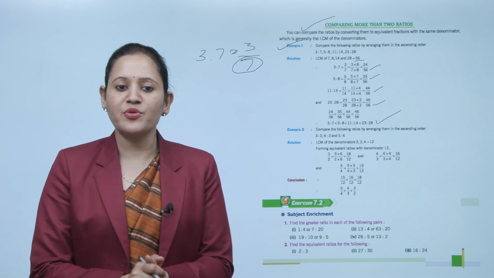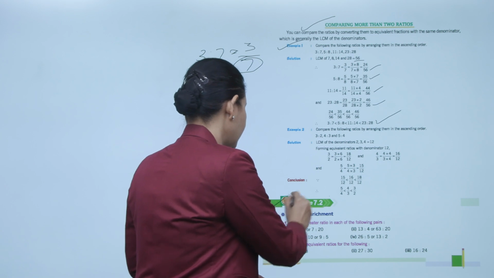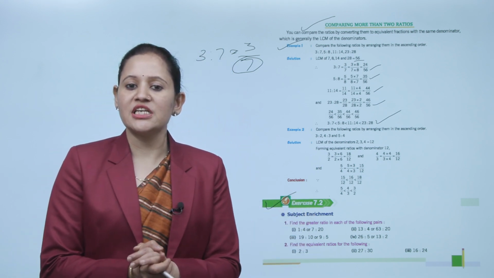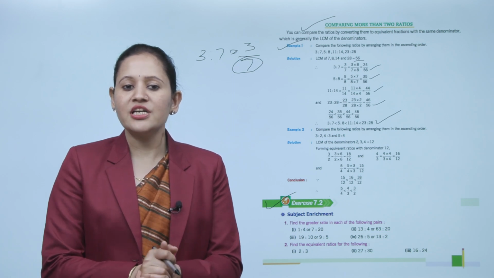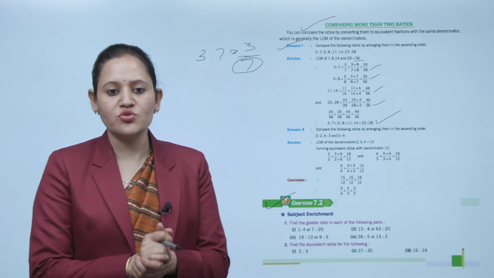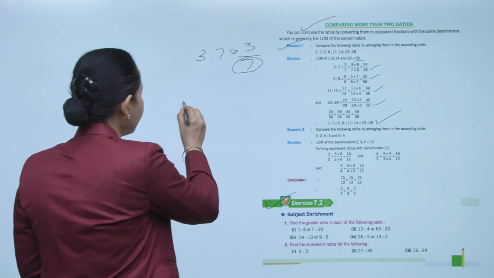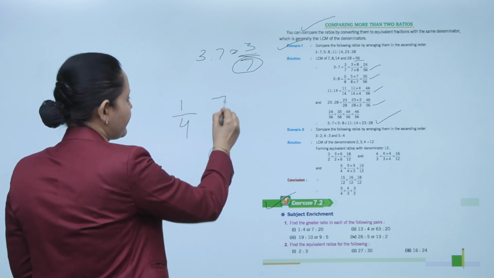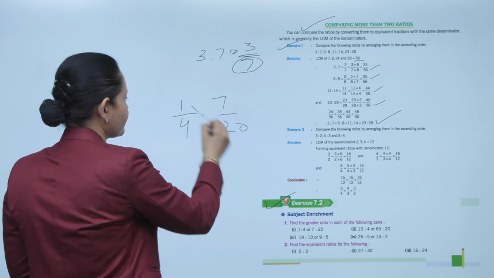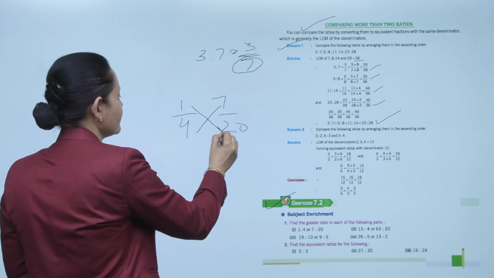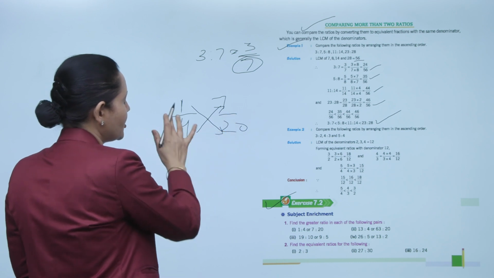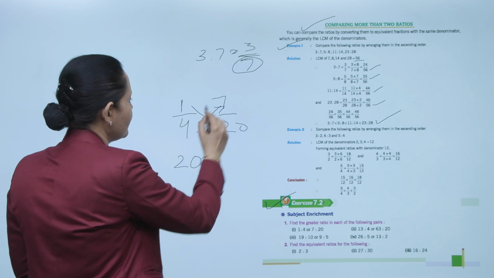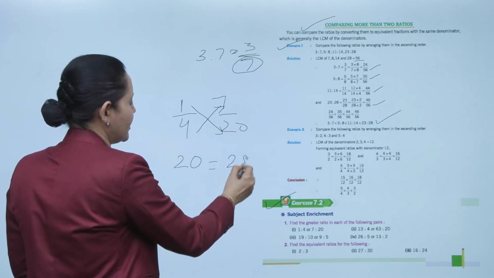Next is exercise 7.2, subject enrichment. Find the greater ratio in each of the following pairs. 1:4 and 7:20. So we have to compare. We'll use the method of cross multiplication. One into 20 is 20, and 4 into 7 is 28.